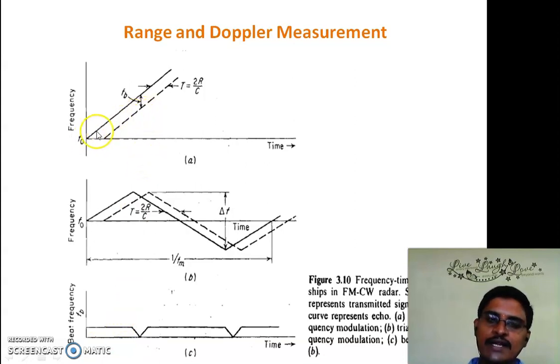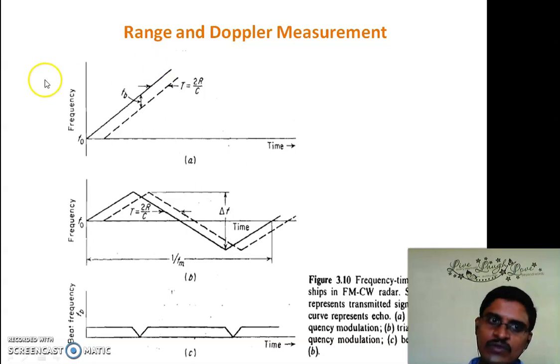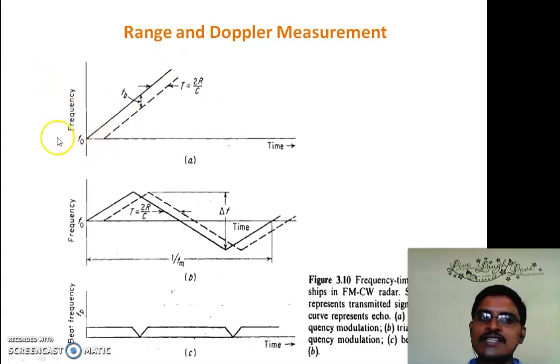If the transmitted signal frequency varies linearly with respect to time, then the transmitted signal is radiated into free space by the transmitting antenna, hits the target, and a part of it is re-radiated in the direction of the radar receiver. The radar receiver receives the echo signal. Initially we are assuming that the target is stationary, not moving.